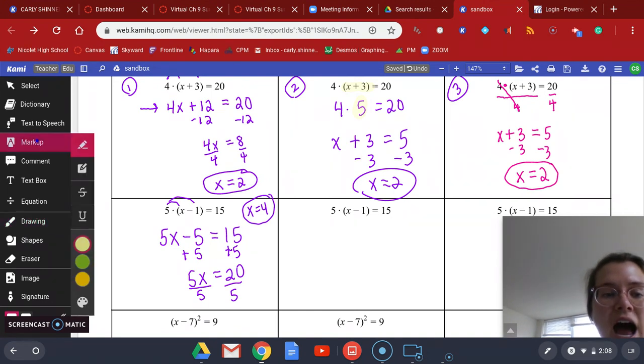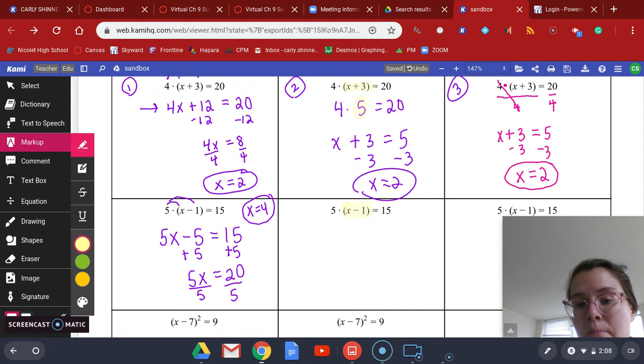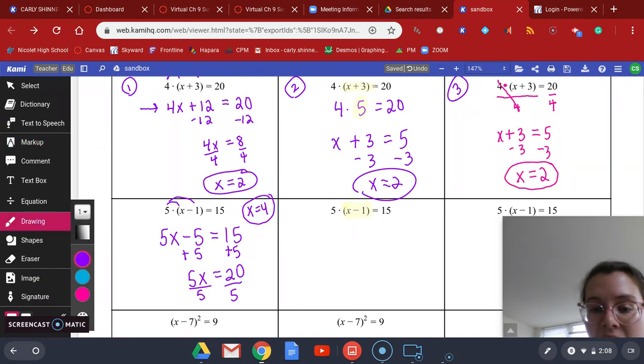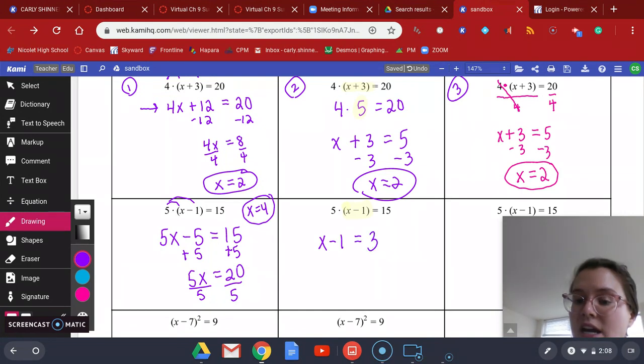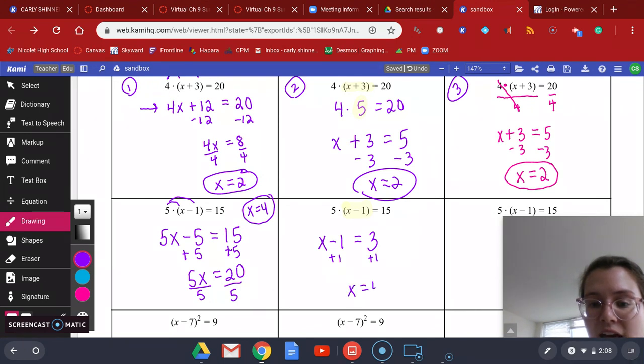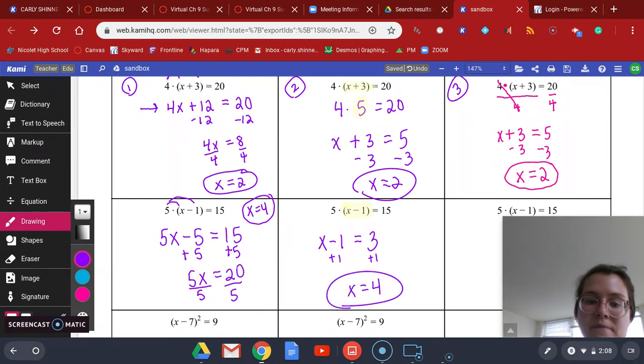The look inside is asking yourself, what does this in parentheses have to equal? 5 times what number equals 15? That highlighted quantity has to equal 3, because 5 times 3 equals 15. And solving this, I get x equals 4.